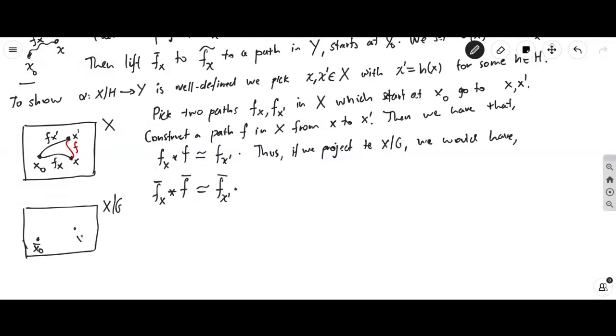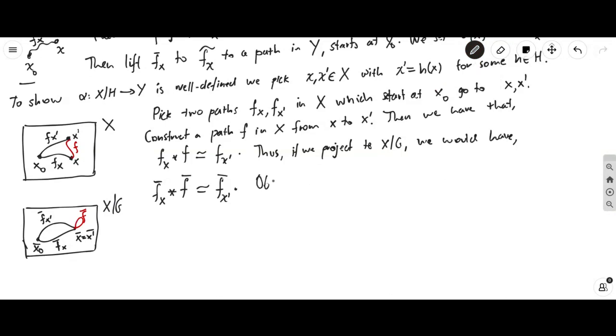So this is going to be x bar, which is the same thing as x prime bar. You're going to have a path going like this, fx prime bar. You have another path going like that, fx bar. And now these two come together, and you get a loop over here, f tilde. Okay? You're going to get this loop.